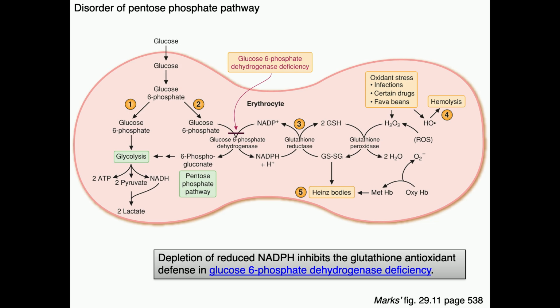So normally we have glutathione peroxidase neutralizing the hydrogen peroxide into water, but that glutathione peroxidase depends on NADPH that's generated from the pentose phosphate pathway. Okay.